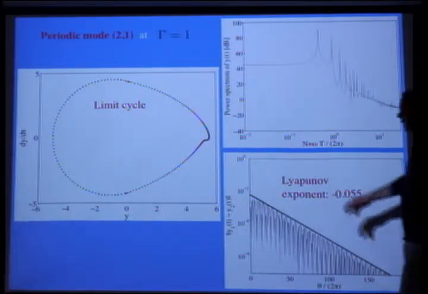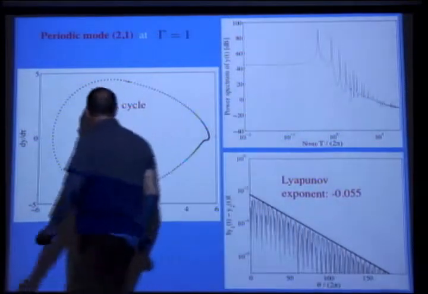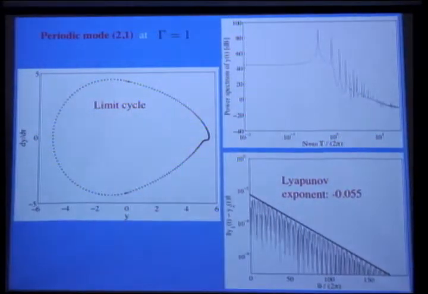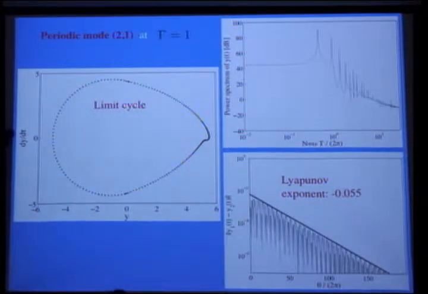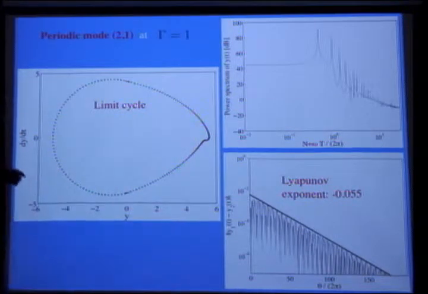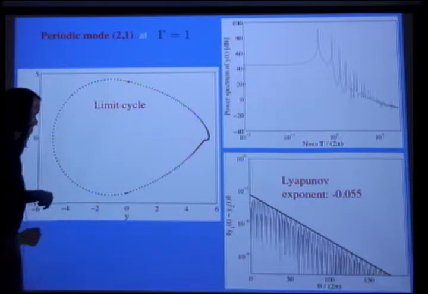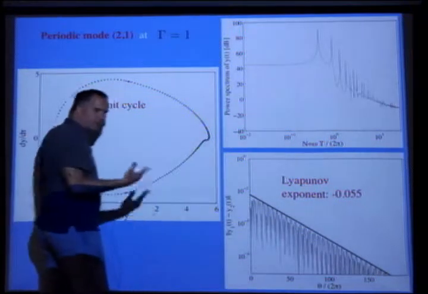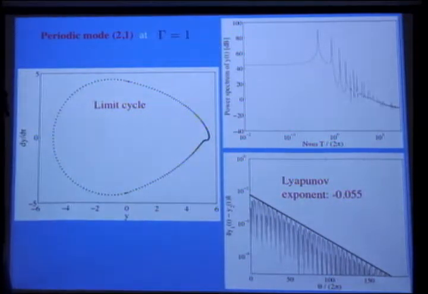Now we can use this sort of dynamical systems language. If we plot speed against position, we have a limit cycle for these periodic solutions. This, by the way, is the kick it gets during the impact.